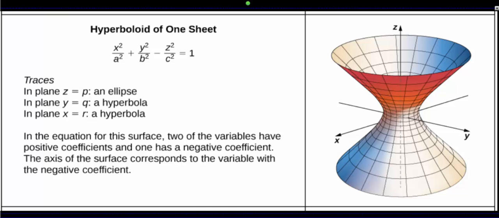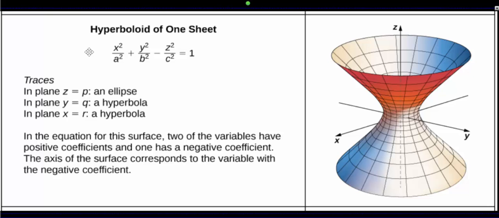We've got the hyperboloid of one sheet, and notice you've got one minus there. Notice the x squared over a squared plus y squared over b squared minus z squared over c squared equals 1. Now remember, for a hyperbola in the plane, we just had something like x squared over a squared minus y squared over b squared.